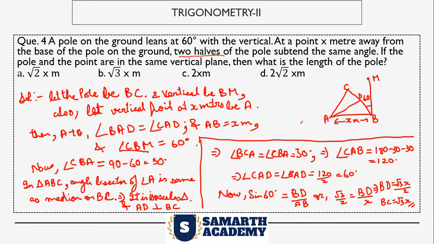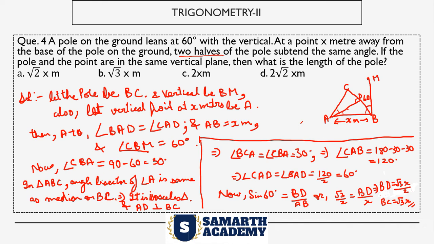It means AC equals AB, right? And also this becomes the altitude. So this angle is 90, this angle we know is 30, so automatically this angle becomes 60 degrees in both the triangles. So these two triangles are also congruent, right? CAD and BAD are congruent.